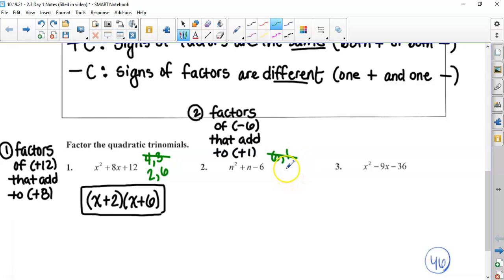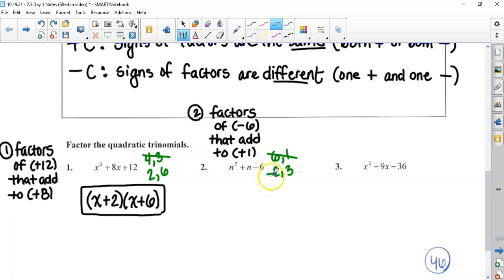What else multiplies to get me 6? Well, I could work on maybe 2 and 3. 2 times 3 is 6. Now, this 6 is negative, so one of these has to be negative. What if I have 2 be negative? Negative 2 times 3 is the negative 6 that I need.